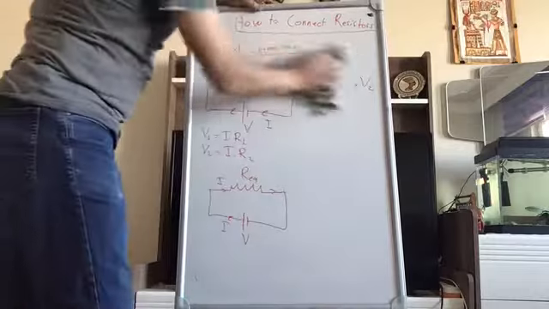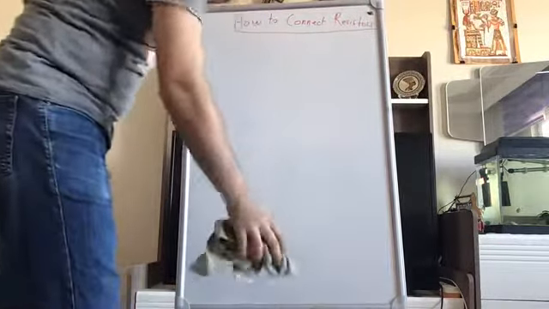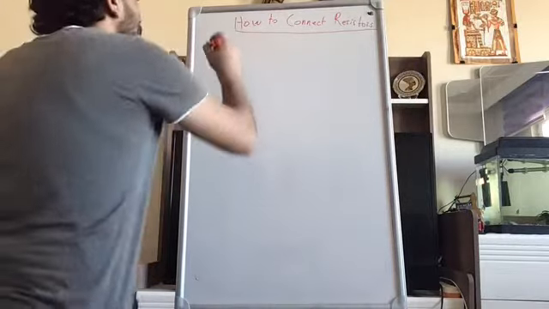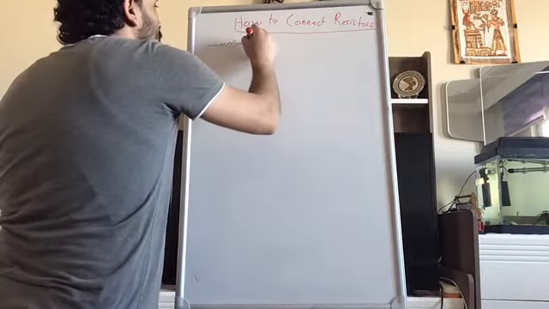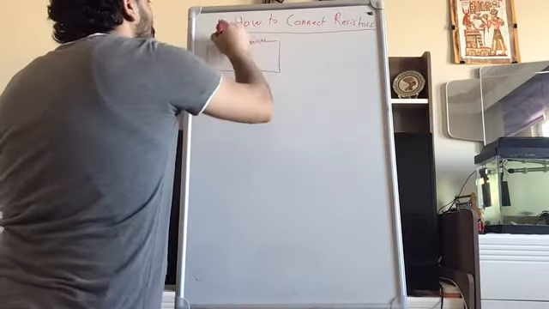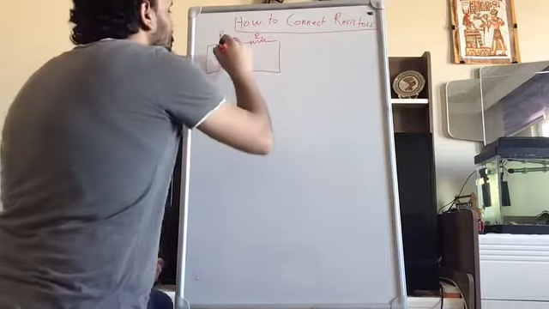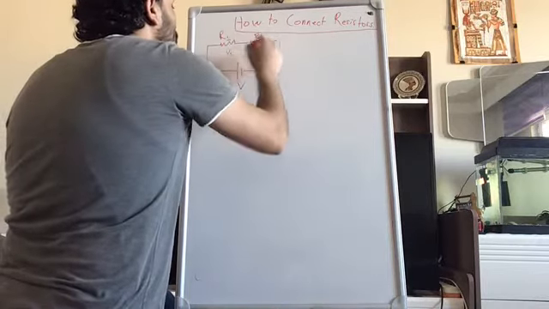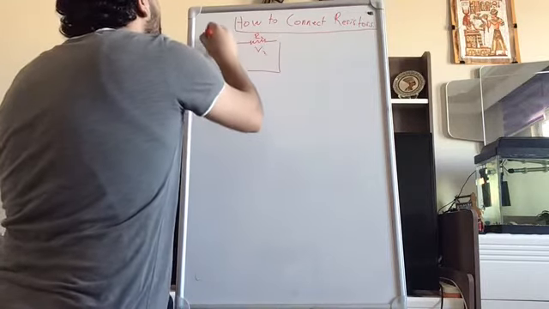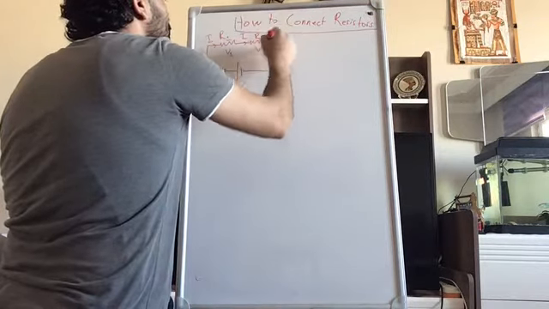Let me just rewrite this. I'm going to draw them again, but smaller. So this is your first circuit, like R1, R2 and V, and this is V1, V2, and the same current is passing through all resistors.